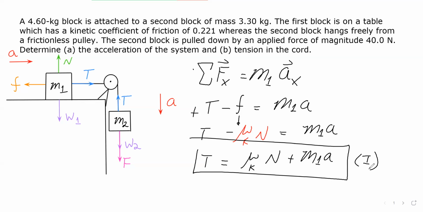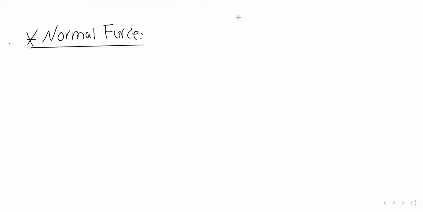Perfect. So the recurring theme is that tension has no set in stone formula. Same with normal force, and I always emphasize that. So now let's go off on a side note and find normal force. We apply Newton's second law in the y direction for block 1.